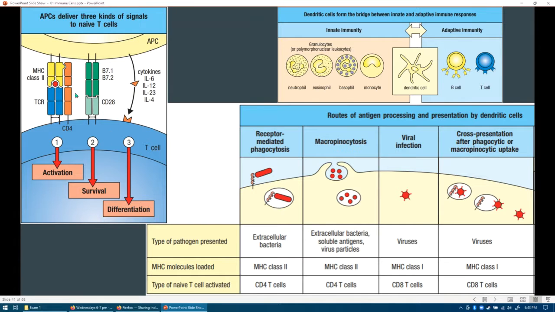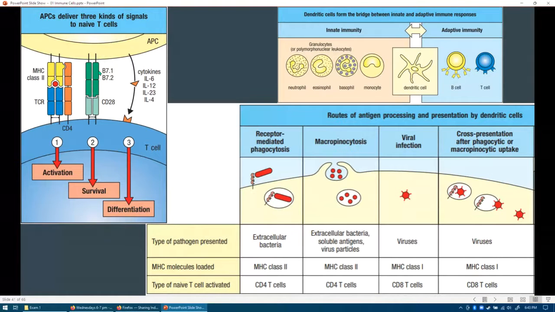The T cell receptor binding to antigen is the activation signal, but without B7 delivering a signal through CD28 to the T cell, the cell actually will not survive the activation signal, because B7 is only going to be present if there is an infection.